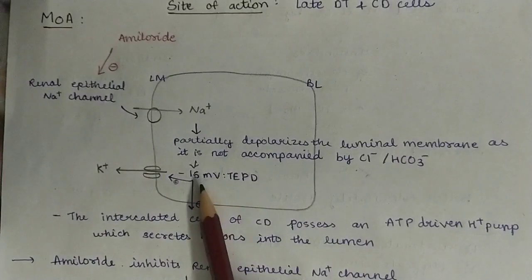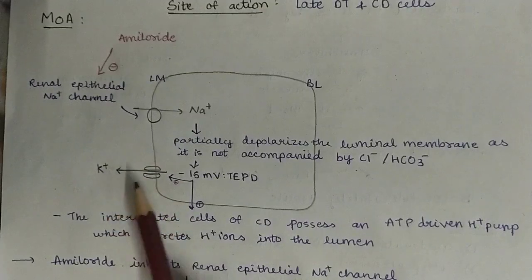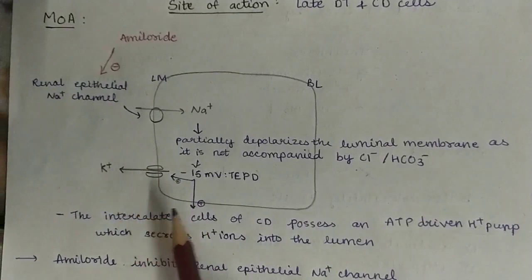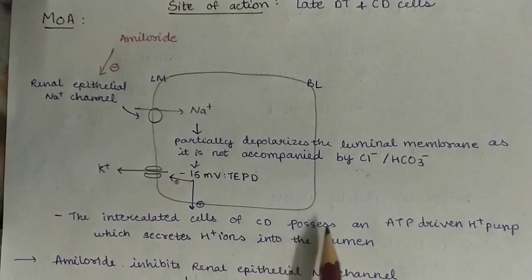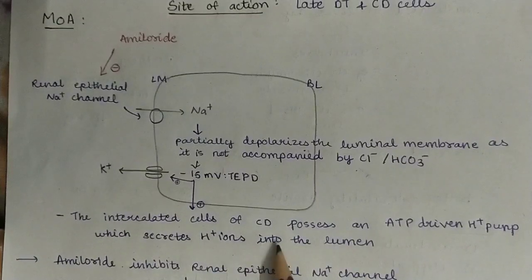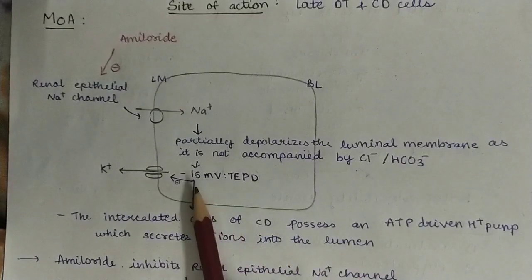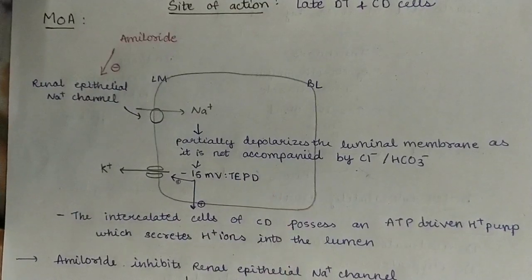It does two things in the cell. It promotes or activates the potassium excretion from the cell to the lumen, and also the intercalated cells of CD possess an ATP driven H plus pump which secretes H plus ion into the lumen, which is also activated through this negative transepithelial potential difference.